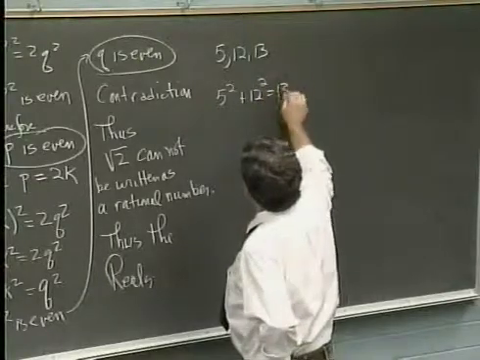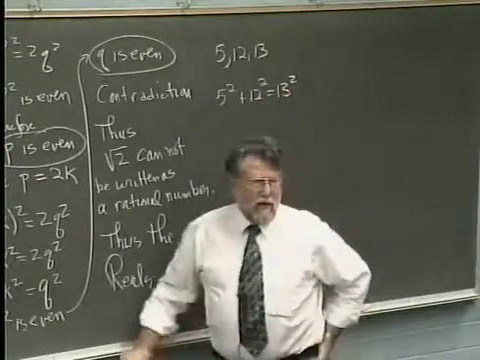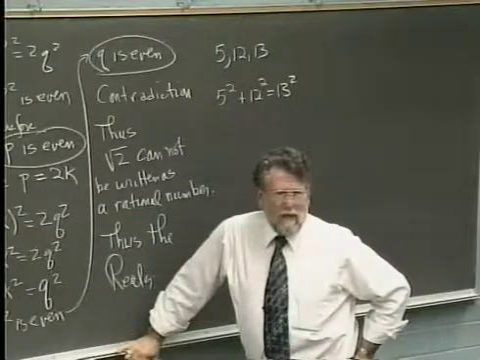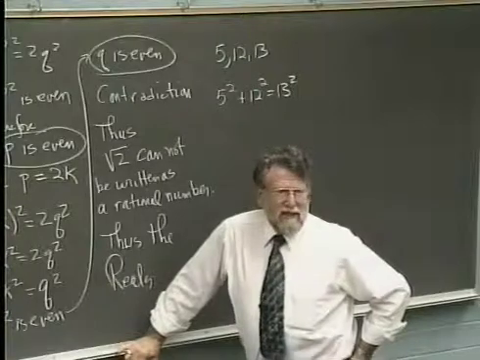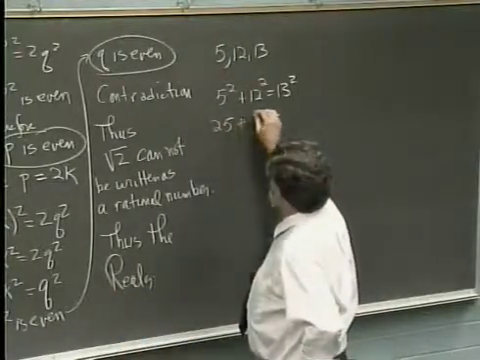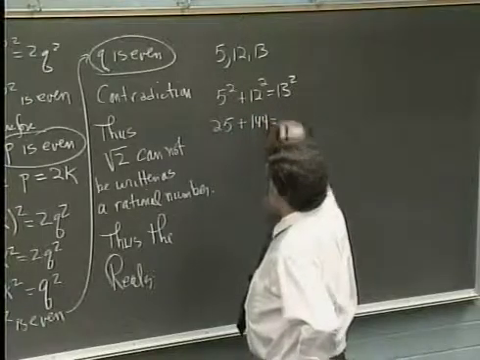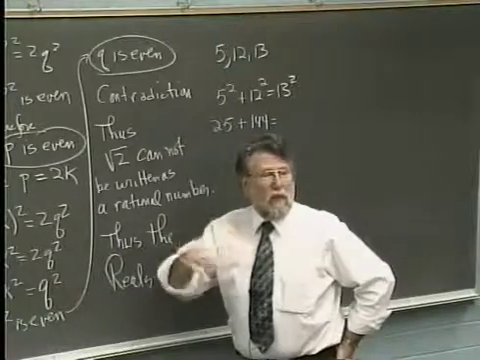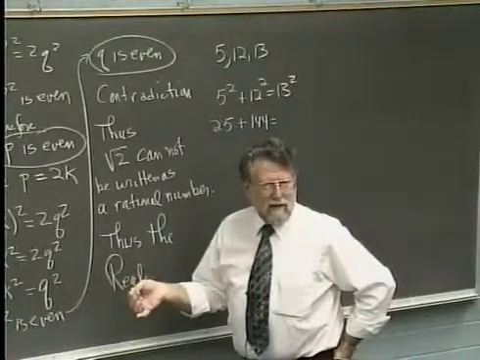Is that equal to 13 squared? I was hoping after our discussion of perfect squares and perfect cubes that this one would be much easier than it appears. What is 5 squared? 25. 12 squared? That's your gross. 12 dozen. And 13 squared? 169.